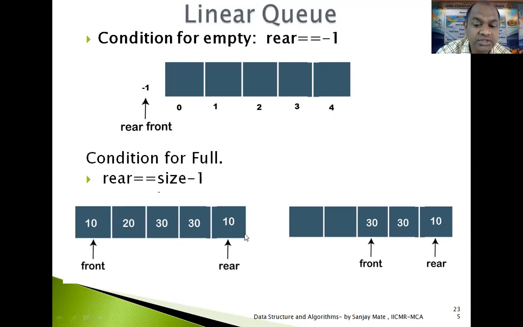The rear has reached size minus 1. If the size is 5, 5 minus 1 is 4. The indexes are 0, 1, 2, 3, 4, and the rear value is 4, so it is full. Still it has two blank spaces. This drawback we are going to remove using the circular queue.